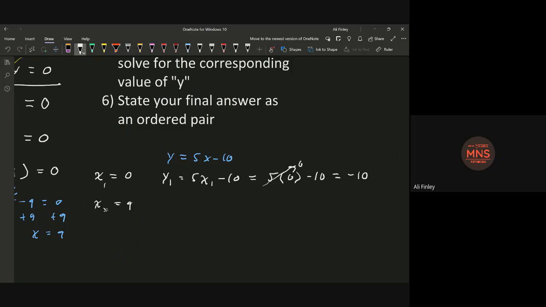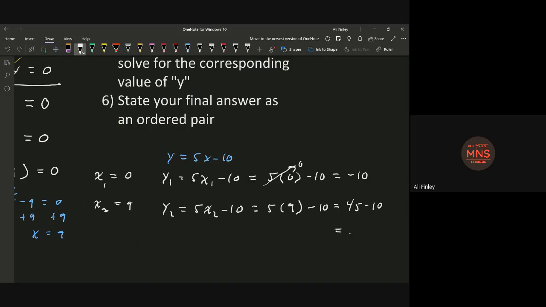Now for the second value of y that should correspond to the second value of x, we'll call that y2. And that will equal 5 times x2 minus 10, equaling 5 times 9 minus 10. 5 times 9 is 45.